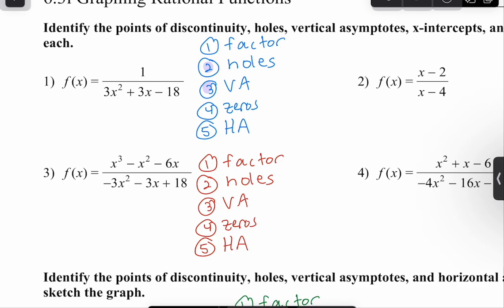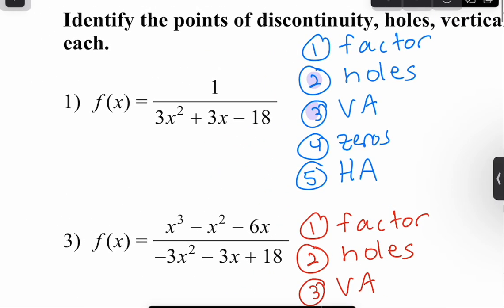To find the points of discontinuity, the holes and vertical asymptotes, we must have it in factored form. That's why step 1 always mentions to factor it. So I'm going to do this kind of in one fell swoop. I mean, you guys might have to do it in 2.